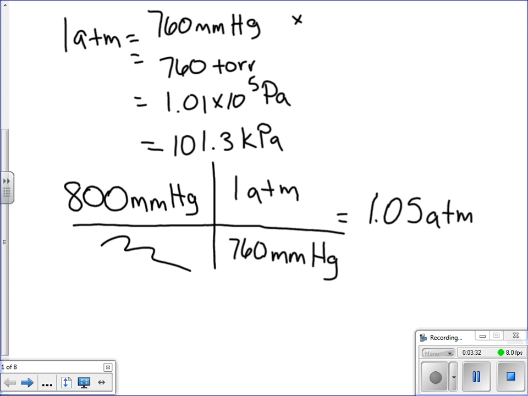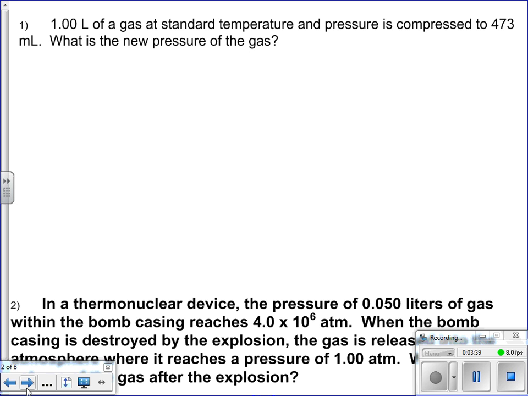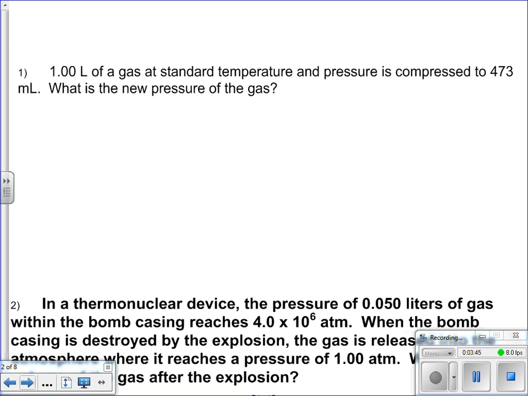All right, so now, with that little quick introduction, we'll start on some problems. These very first ones are from Boyle's law. In Boyle's law, we are comparing pressure and volume. And so the formula that they give you, P1 times V1 equals P2 times V2.